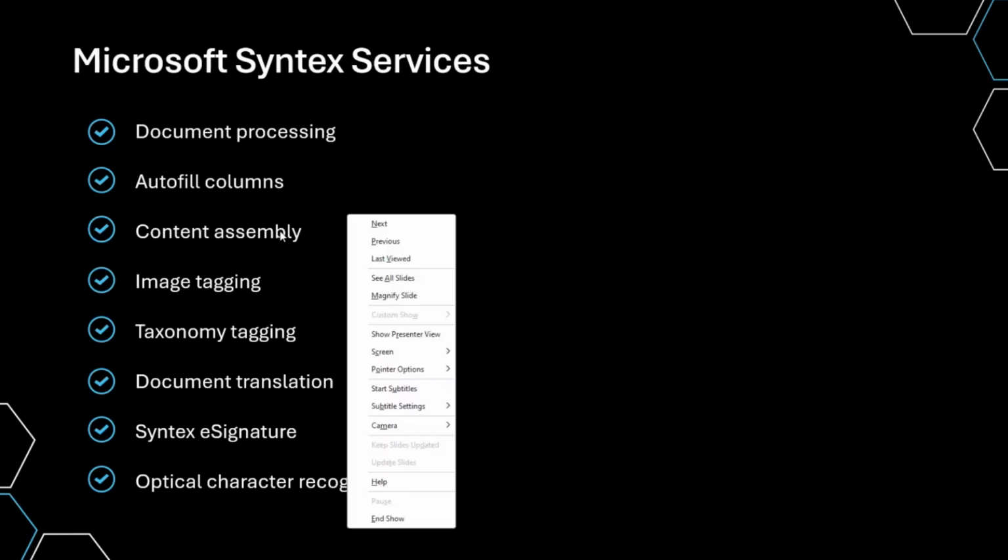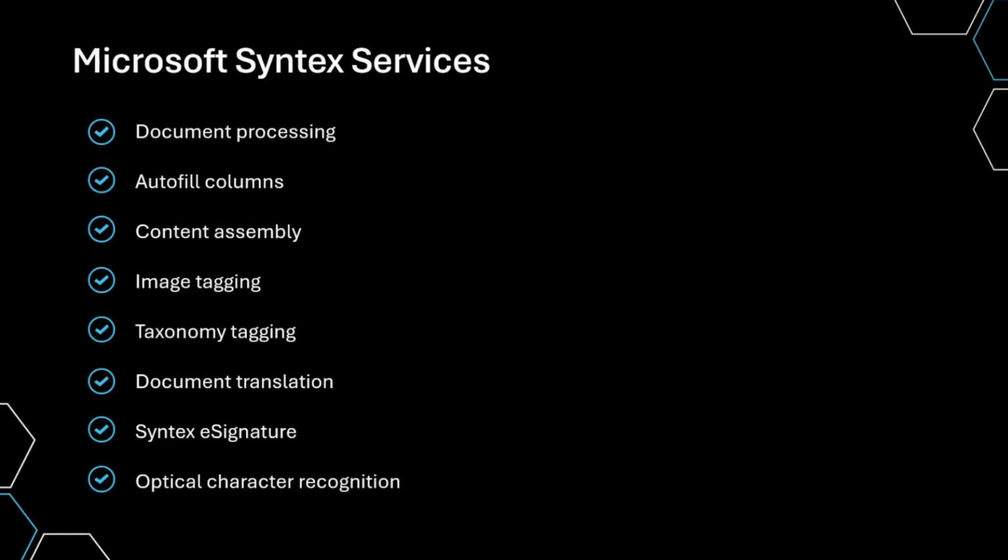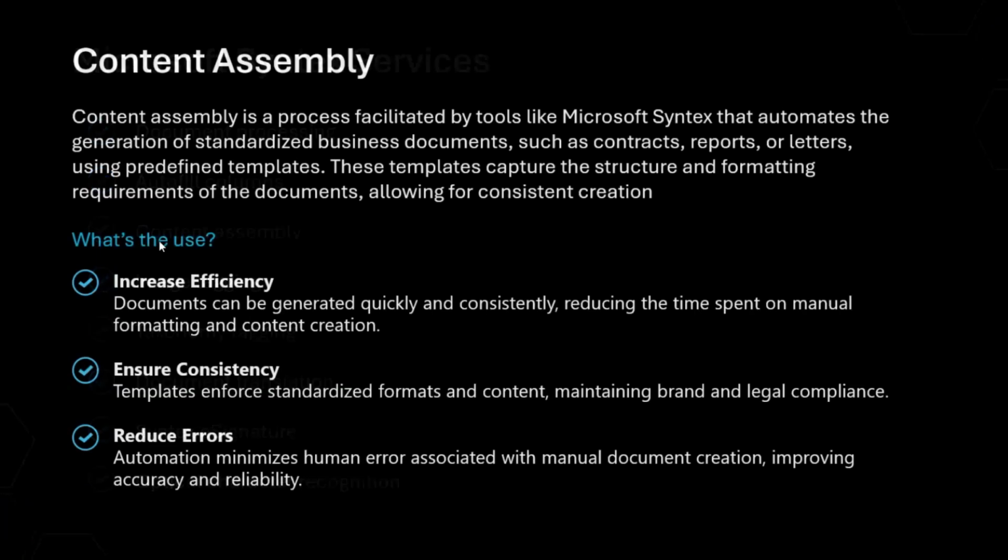Then we have a few services called content assembly, image tagging, taxonomy tagging, and so on. Our major goal is content assembly only. In content assembly, just imagine one scenario: you are creating contract documents for your client. There are a lot of steps.